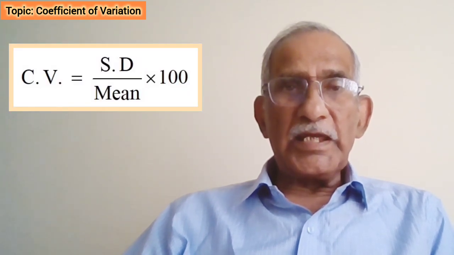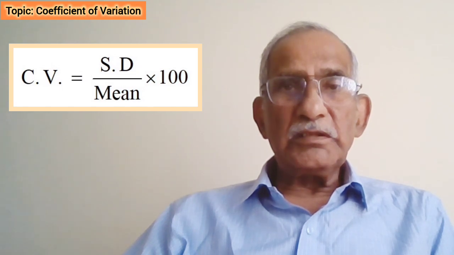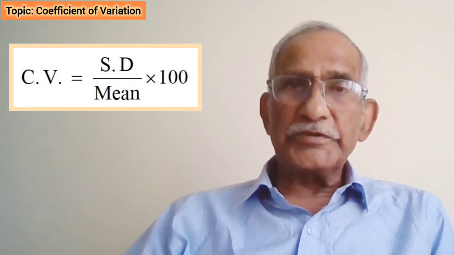Such a measure is the coefficient of variation. It is defined as standard deviation by mean. Generally, it is expressed in percentage as standard deviation by mean into 100.